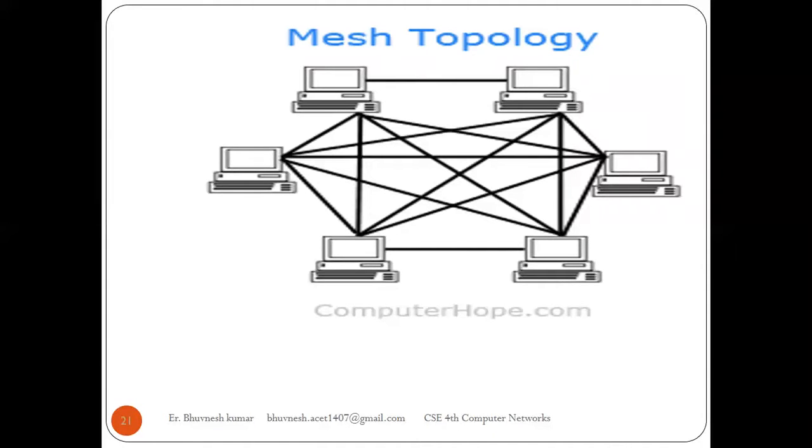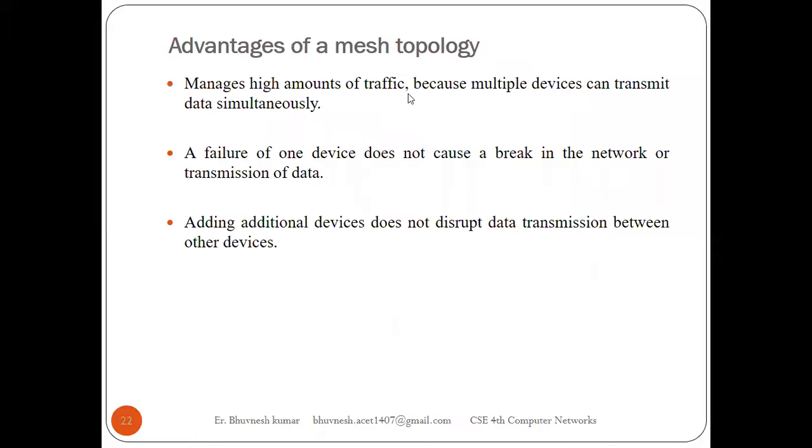This is also an advantage: traffic from multiple devices can be managed. A failure of one device does not cause a break in the network or in the transmission of data. If there is a breakage in the network, it will not affect your transmission. Adding an additional device does not disturb data transmission between other devices.